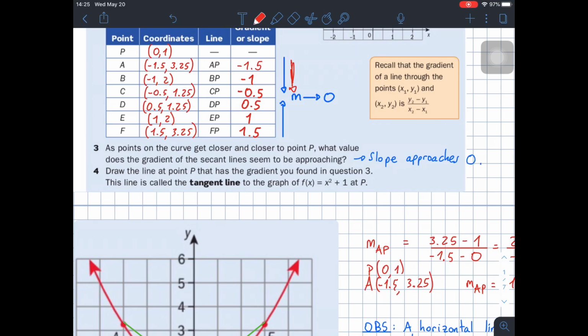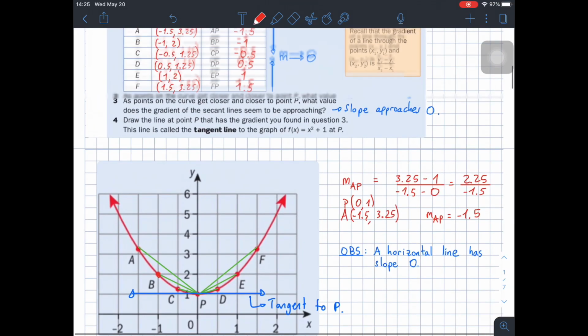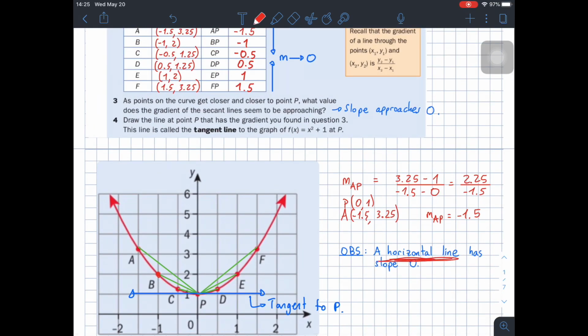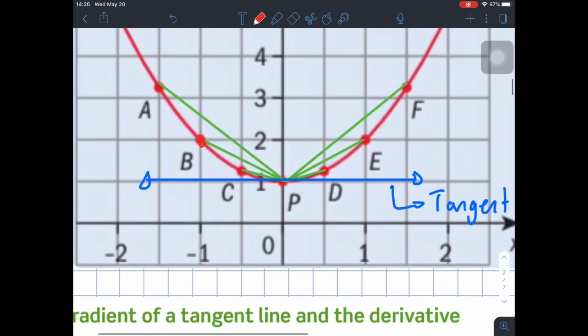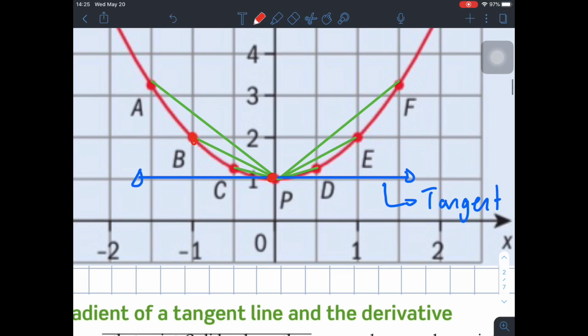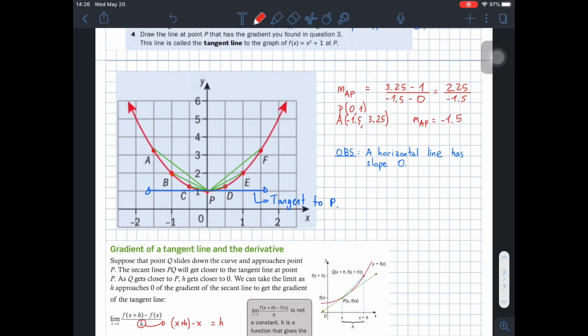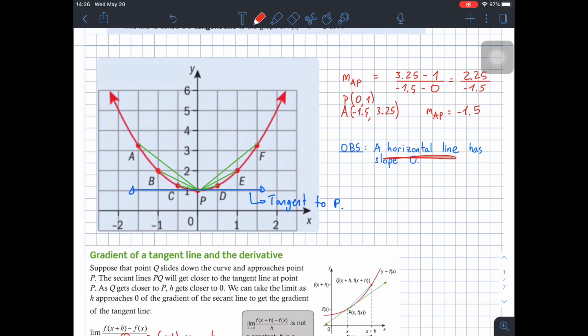And if you remember, slope 0 corresponds to a horizontal line, okay? So if we plot a point which is infinitely close to this point P over here, we would have a secant line, or a tangent line actually, which would have a slope of 0, right? Which corresponds to a horizontal line, okay?